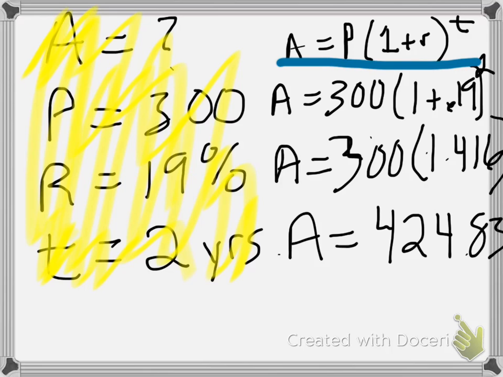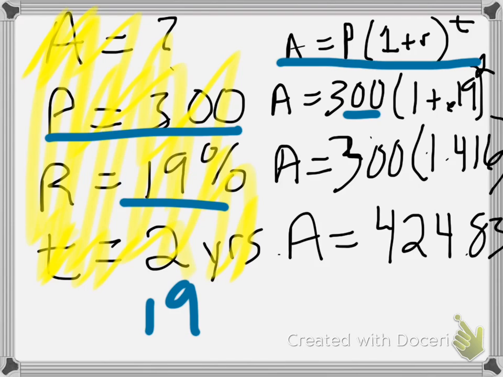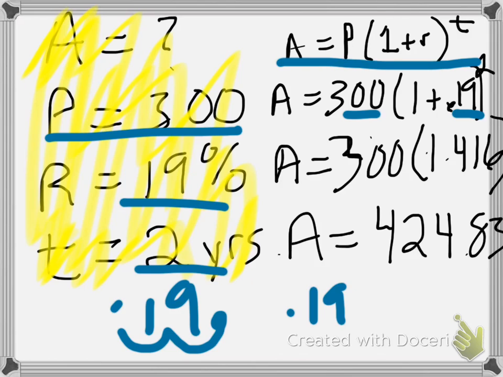Okay, so A, I don't know A, so it's going to still be A. P, I know what P is. P is 300, so I plug it in. R, I know that R is 19%. Remember, you have to change that percent, so that 19%, the decimal starts at the end, so I have to move it 2 times. Now it is 0.19, which you can see I put right there. So the last thing I have is that 2 years, and I plug it in right up there.